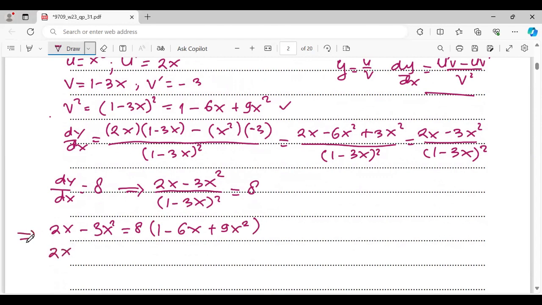This equation becomes 2x minus 3x squared equals 8 minus 48x plus 72x squared.